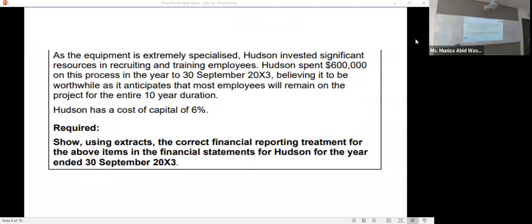Now, students, we have another understanding that is related to the full chapter. Not just related to IS 40, I feel, but it is related to the full chapter. Let's start with this.